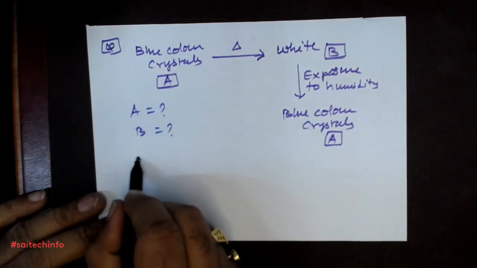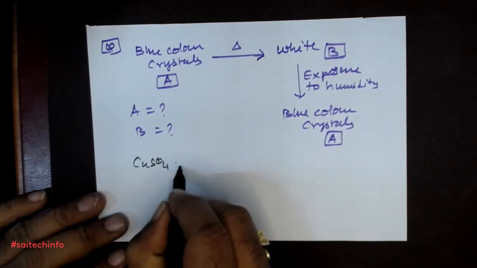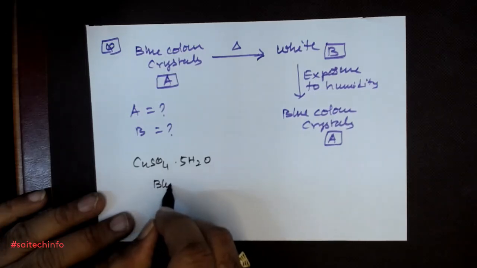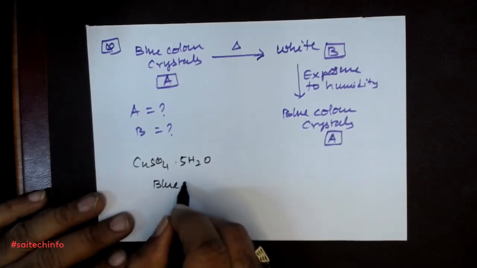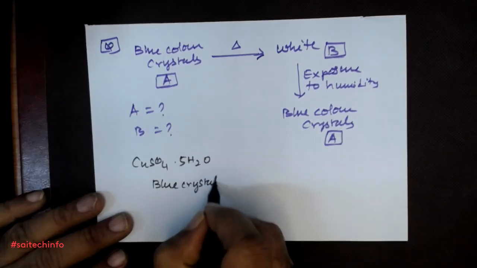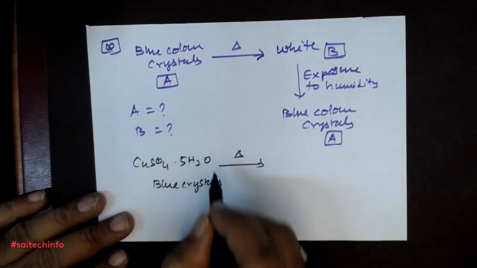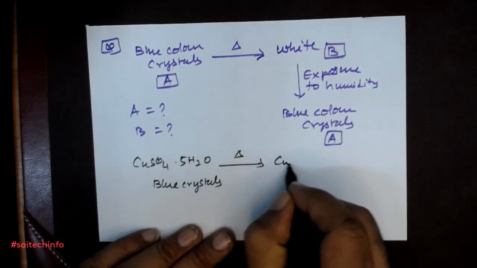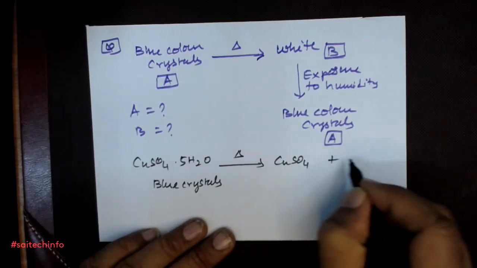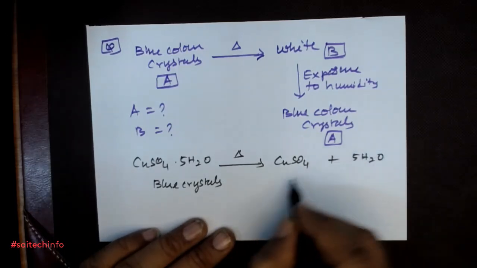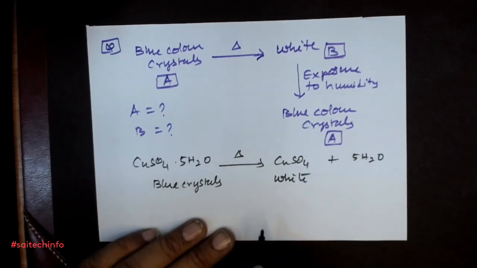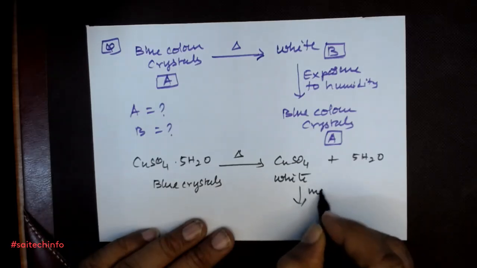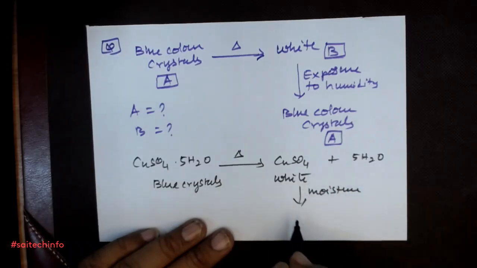Now copper sulfate pentahydrate, CuSO4·5H2O, is blue color crystal. It's called cyan blue. On heating, it loses water, so it becomes CuSO4 plus 5H2O. So this is white. Then on exposure to humidity, that is moisture, it regains its color.